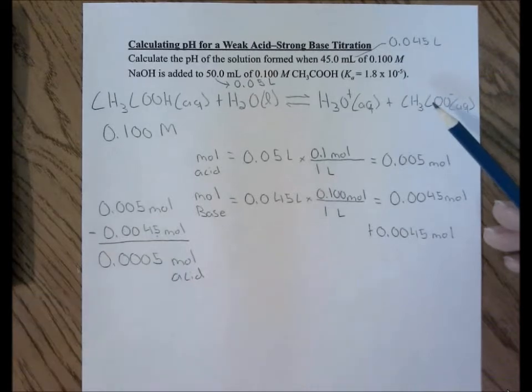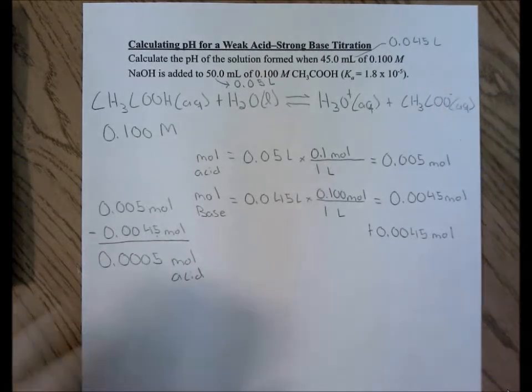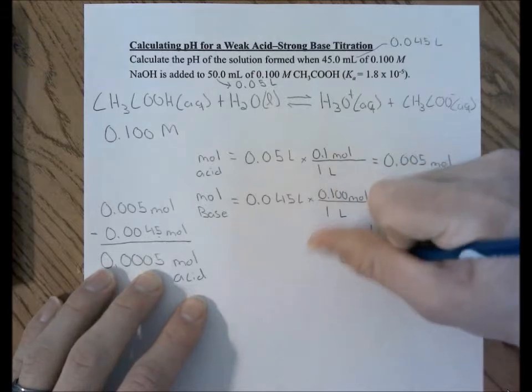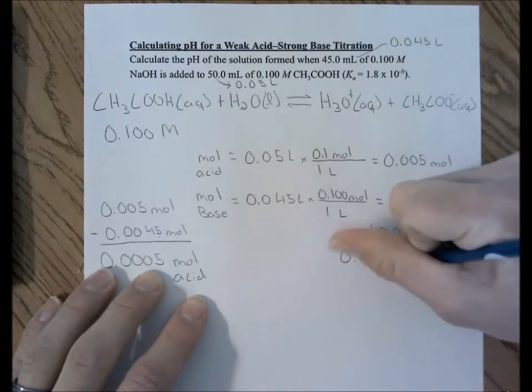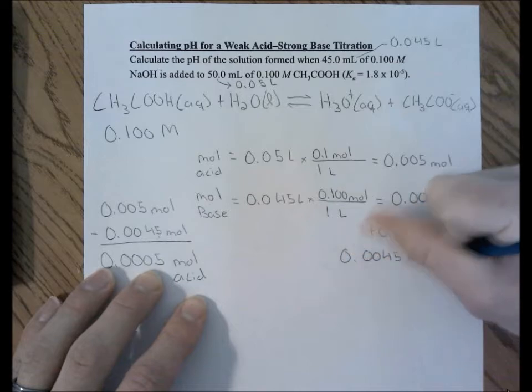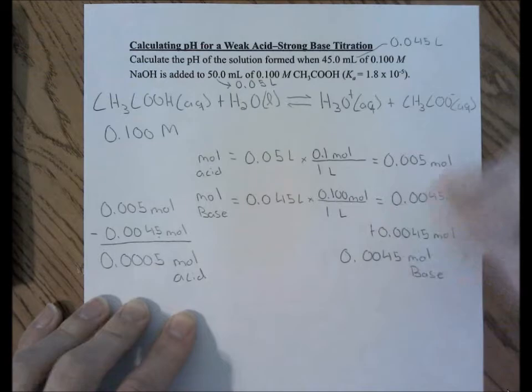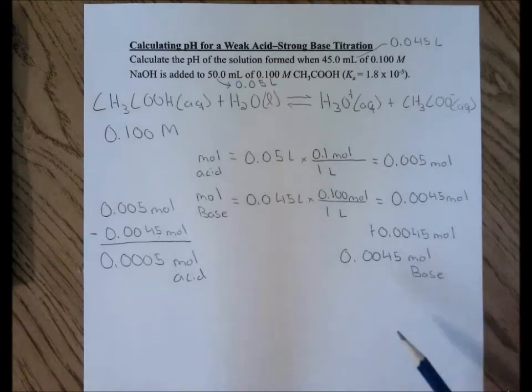So now we have this, and I'm going to write this down. I'm just going to copy and paste this: 0.0045 moles of our base. Now, before, in this Henderson-Hasselbalch equation, I would have you find the molarity. Remember, we had to put it back into molarity.